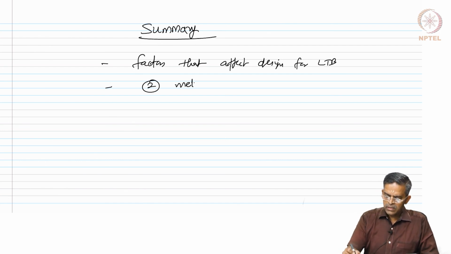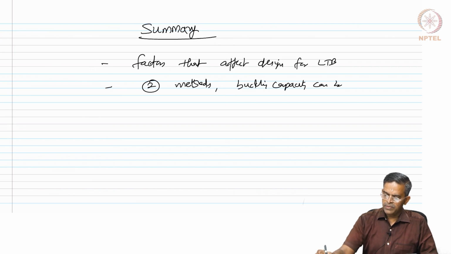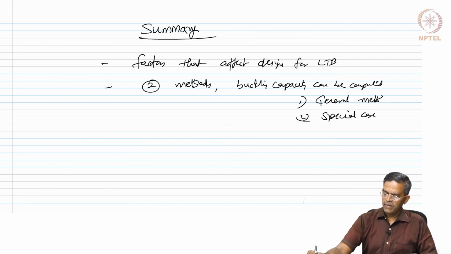Two methods by which the buckling capacity can be computed, one is the general method, one is the specific case or special case method.